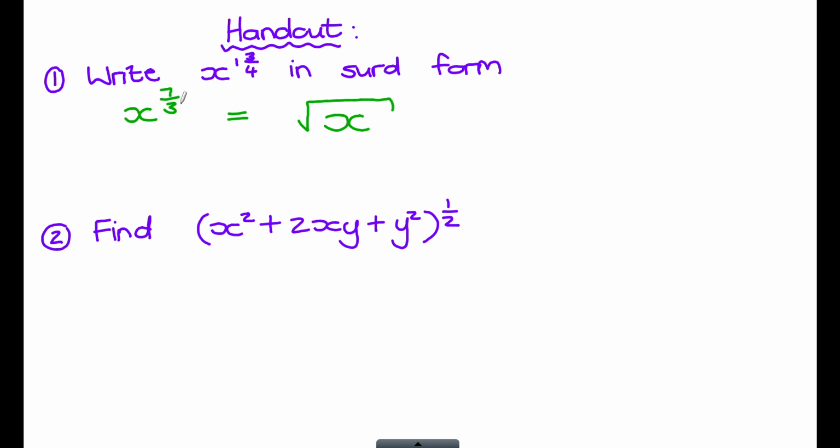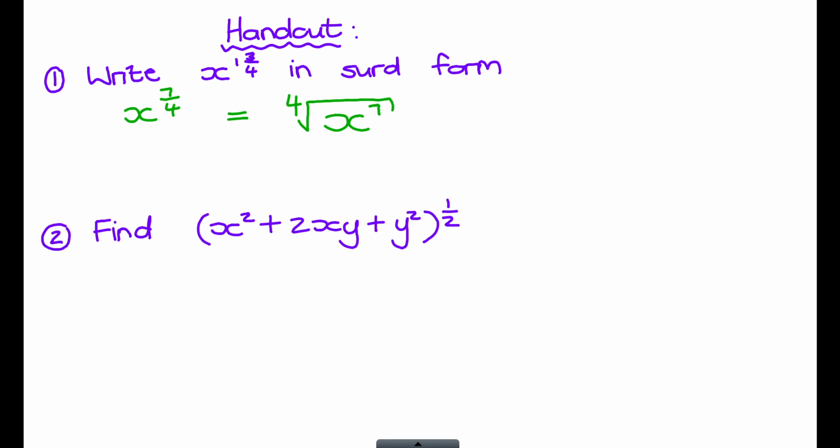Kyk gou, the top one is the exponent that's on the inside. The bottom one is the exponent on the outside, met ander woorde hierso. Ja. Ekskuus, 4, sorry. Okay, so daar, die enetjie aan die buitekant is die 4. Is julle alright?